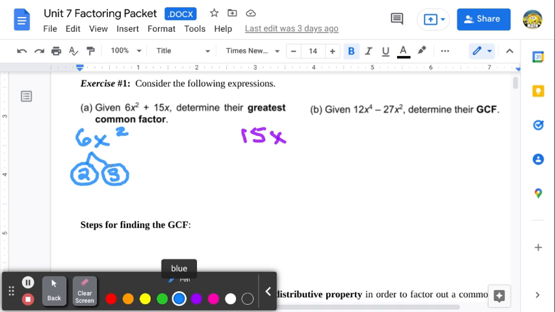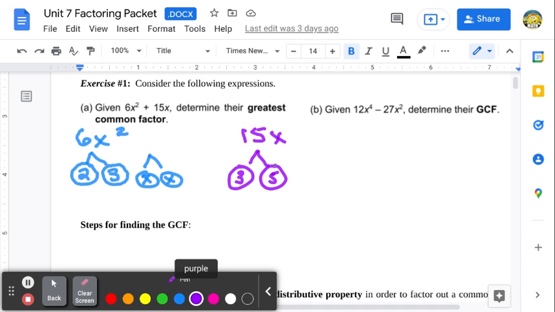So I have 2 and 3, and then over here I have x squared, which is really x times x. Now I've got my 15 over here. I know it's 3 times 5. And it's an x to the 1, so it's just 1 x.